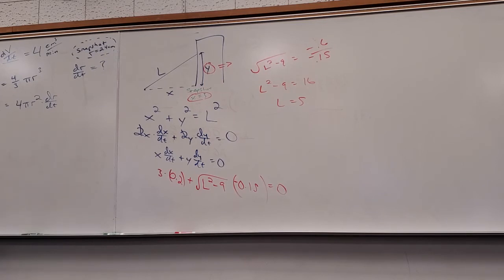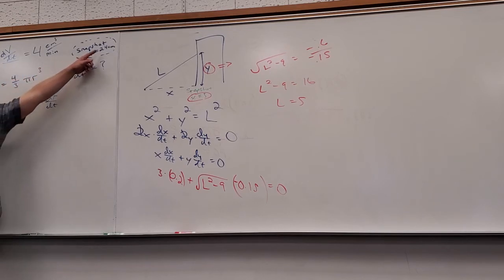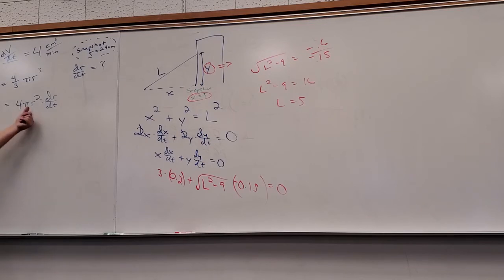Because then I wait a little bit and it's not going to be shrinking the same. So this r, the snapshot time, could be any time, 24 centimeters, then I wait a little while. What if I wanted the snapshot to be 12 centimeters? Well, I can plug a 12 in here. But this equation tells me how these rates are related at any time. That's why you don't want to bring the snapshot in too early.